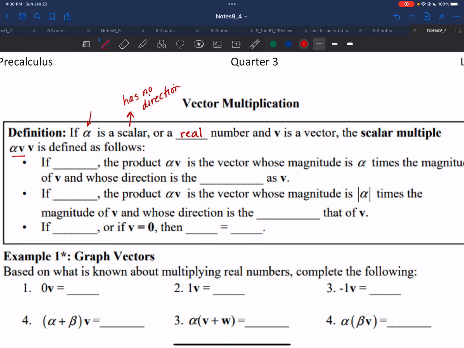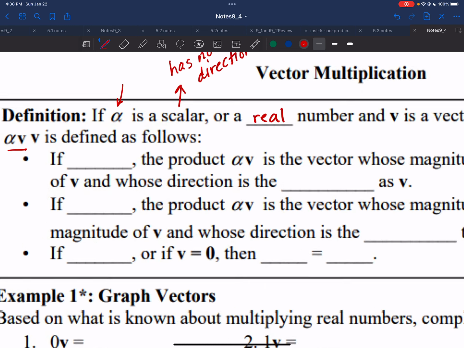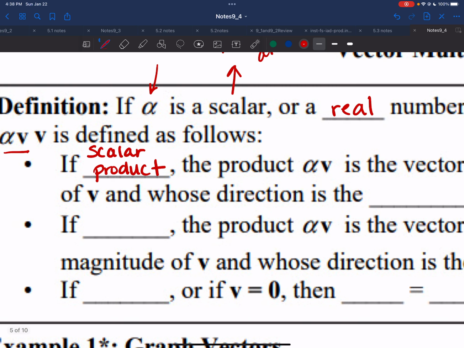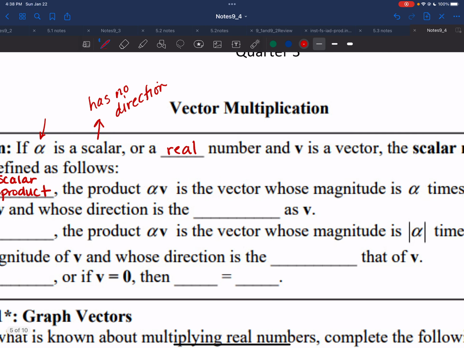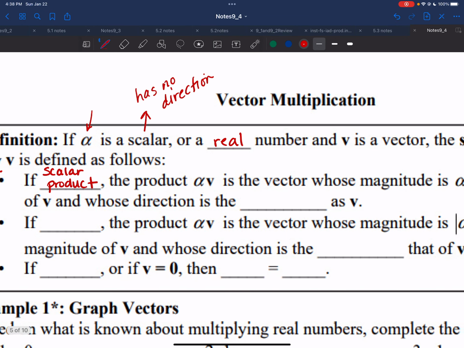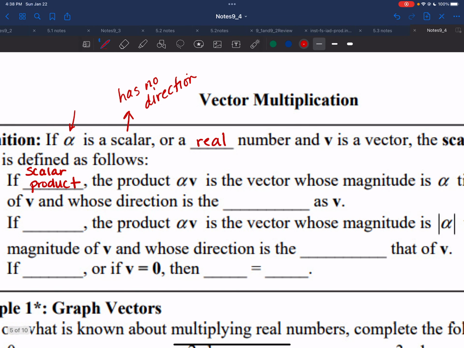So if, this is 2 words, I'm not sure how we're going to get it to fit in, scalar product. So if it's a scalar product, the product alpha v is the vector whose magnitude is alpha times the magnitude of v and whose direction is the same.